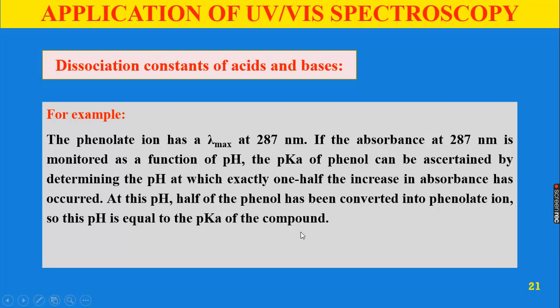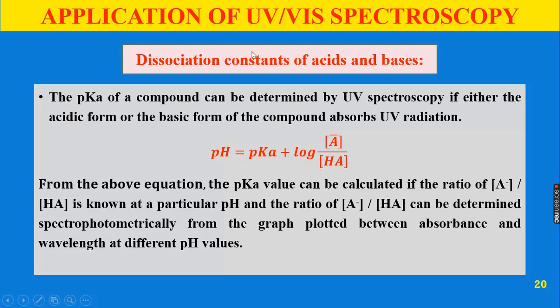As you see in this relation, when this ratio is 1, meaning ionized and unionized forms are equal, then pKa will be equal to pH. So we can determine the dissociation constant of acid. In the same way, pKb is called the dissociation constant of base. So we can determine it in a similar way when we use some base, the dissociation constant of the base.